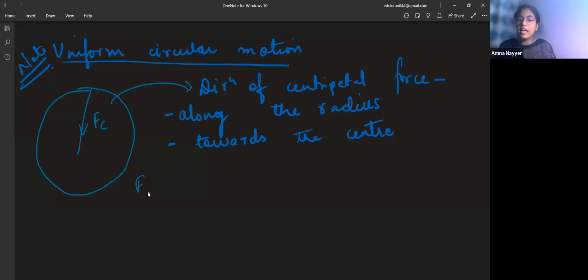Now, the way Faiza has answered it correctly, centripetal force is mv square by r, or if you want to write it in terms of omega, this becomes m omega square r, where m is the mass of the particle.